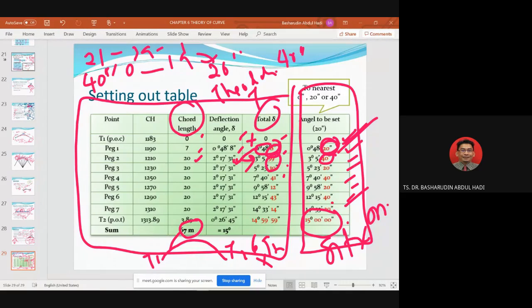So the angle of deflection you can also calculate for the total. It should be 15 degree. If you get 30 degree, it means your data is wrong. And this 15 degree must be the same here. The angle to be set must be the same. If not, it's wrong. For example, if this one is 15 degree and this one is 15 degree 30 minute, that is wrong. Okay, all right.